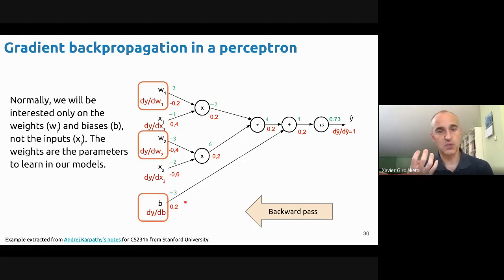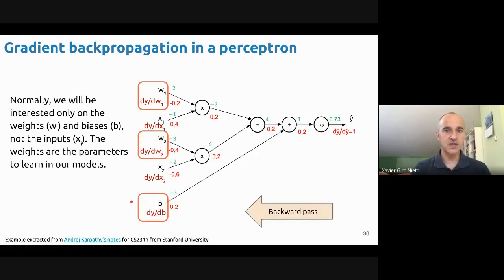This is what we want, because based on this partial derivative, we'll be able to update the values of these weights or this bias in an iterative way, and adjust the estimation. Iteratively, hopefully, by adjusting and re-estimating, we decrease the total loss if we do it well. So these are the parameters that we learn for our models.